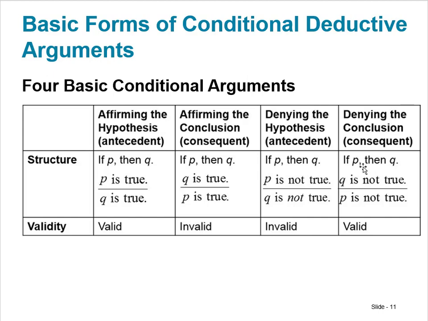Then denying the conclusion: if P, then Q, and Q is not true, then that forces P to not be true. That is valid. So the only two valid if-thens that we saw in the truth tables are a true P leading to a true Q, and a false Q, where we know P has to be false. That backwards form is the contrapositive.